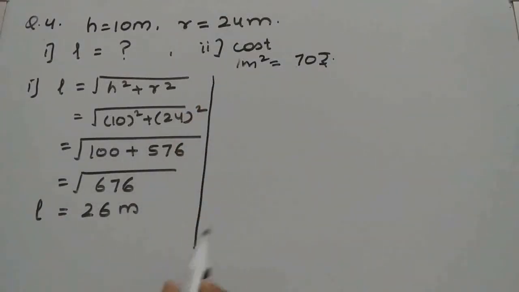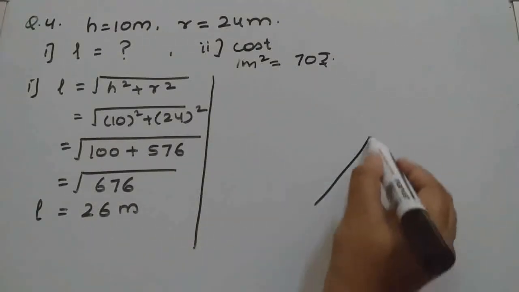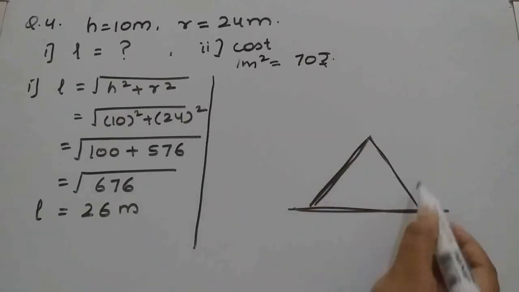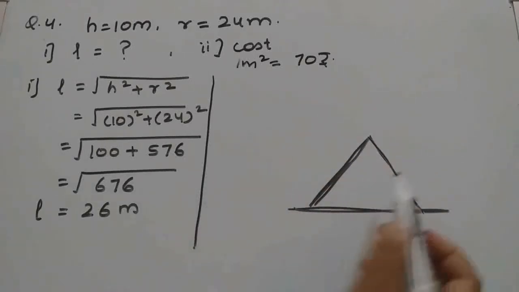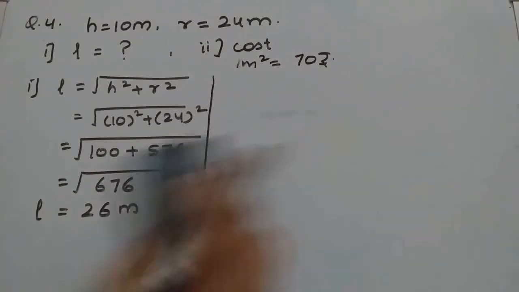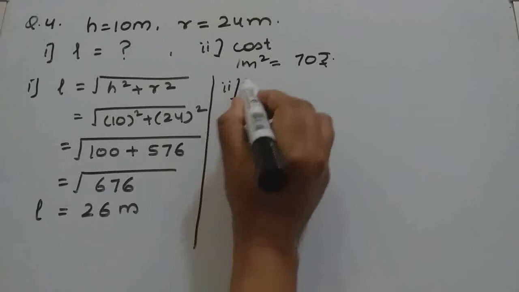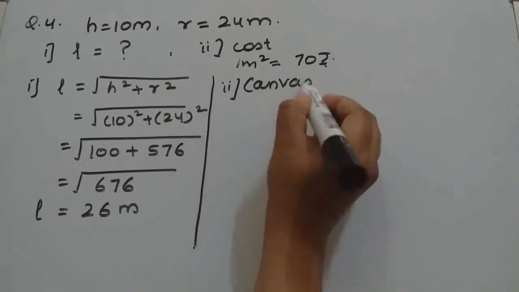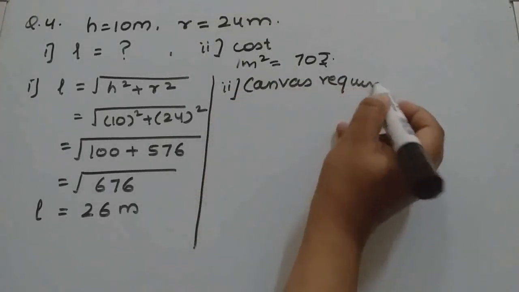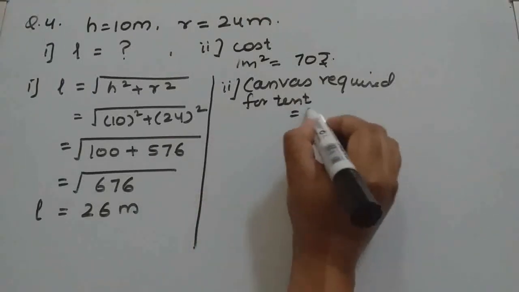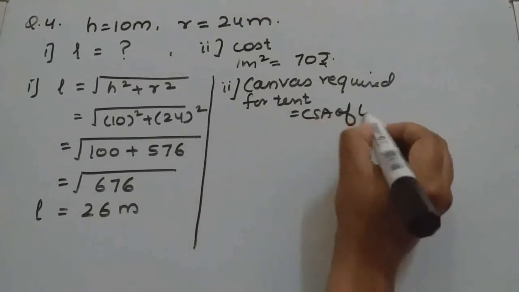Now we know for making tent, this is ground, isn't it? So for making tent, only CSA of the cone is required. Okay, so what we will do here, only CSA we will find. So for the second part, canvas required for tent is equal to CSA of tent, isn't it?